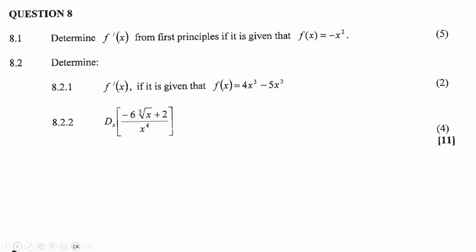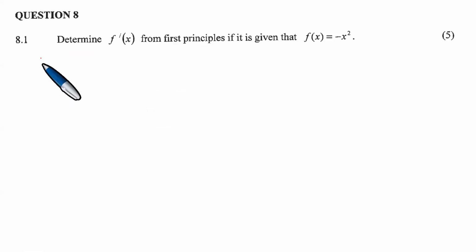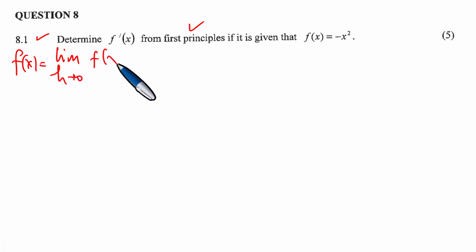In question 8, we need to determine f prime of x from first principles if it is given that this is the case. Pay attention. We are dealing with first principles, so f prime of x is the limit as h tends to 0 of f of x plus h minus f of x over h.